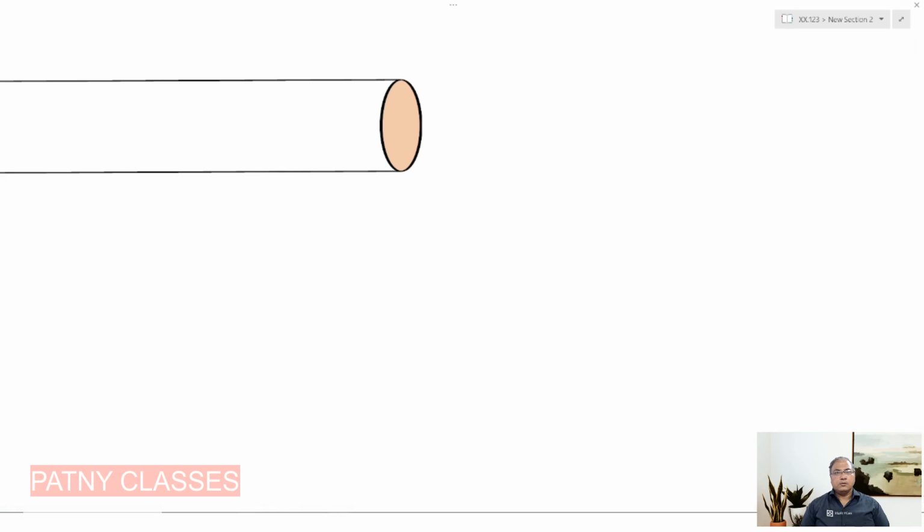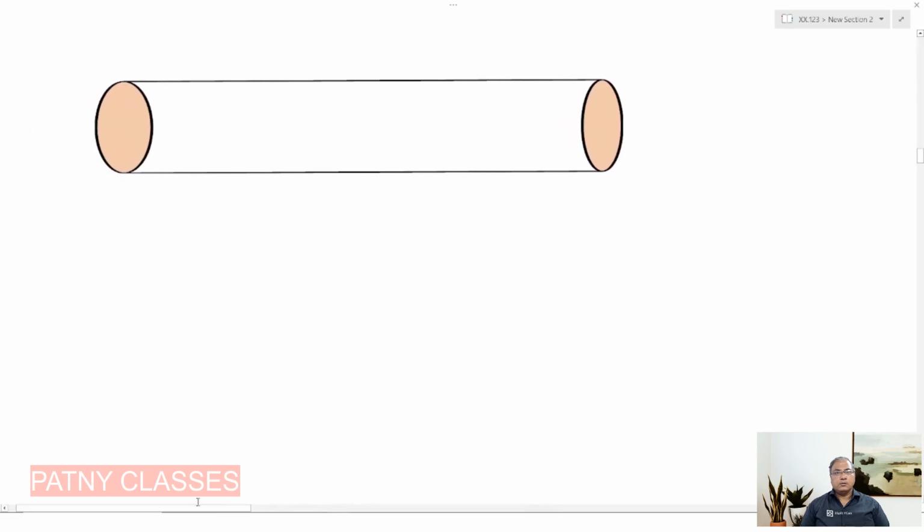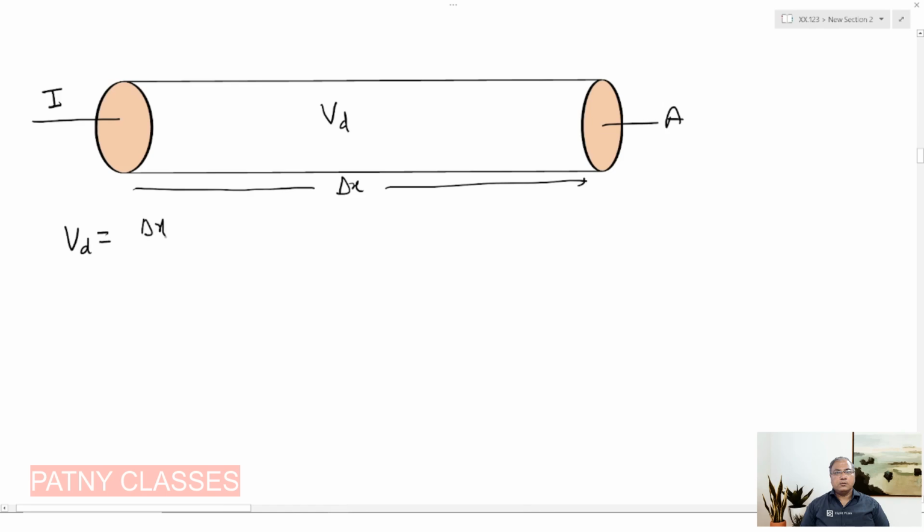Now let us summarize the points. We had the wire. The length of the wire was delta x, A is the cross-sectional area, and the current flowing is I. Vd is the drift velocity, given by delta x upon delta t, where delta t is the very small time for which current flows from one end of the wire to the other end.